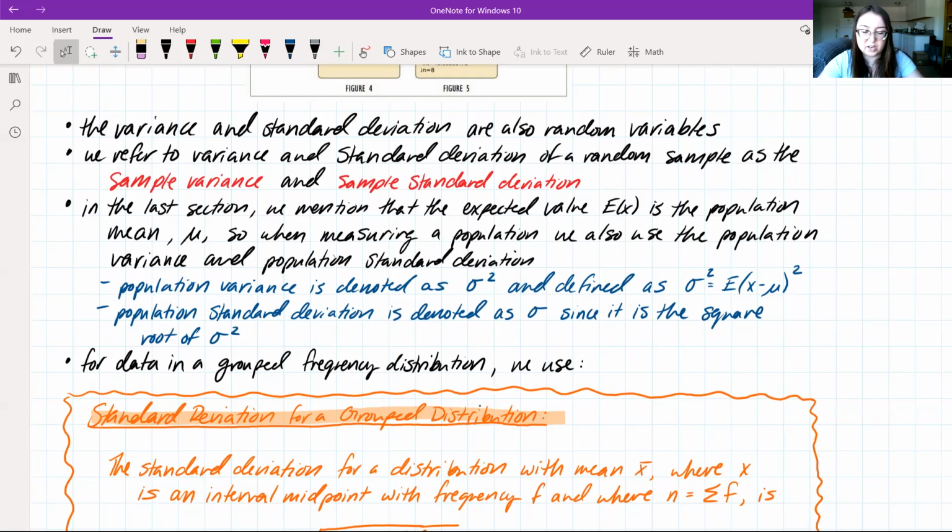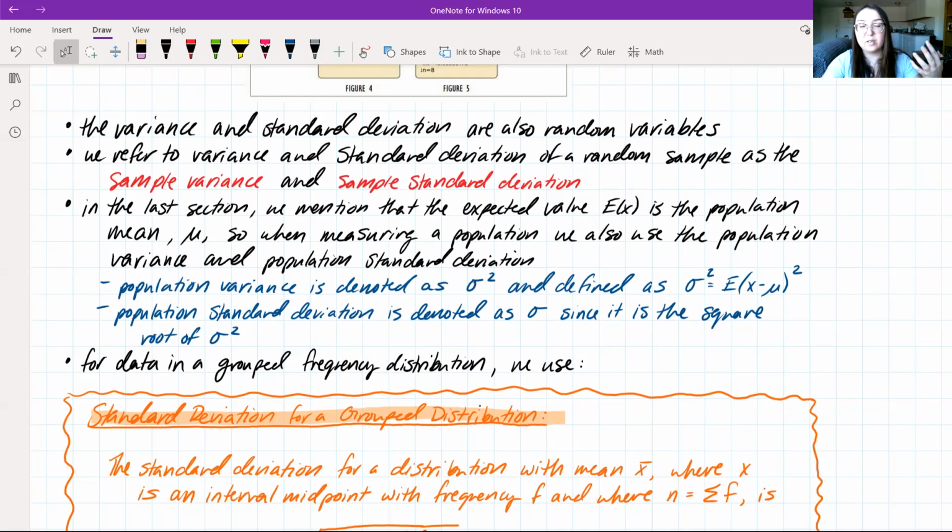In the last section, we mentioned that the expected value, E of x, is the population mean, mu, which is what we mentioned at the very beginning of this lecture in our definitions.